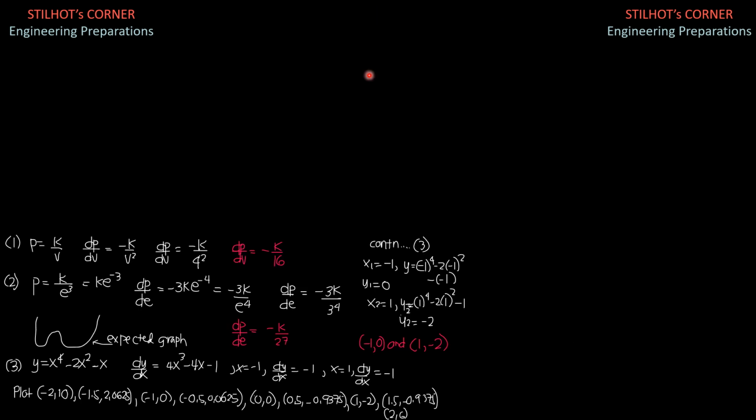Hello, students, subscribers, viewers, and future engineers. Here is another video in calculus, particularly on the application of slope of tangent to the curve, and this time the first derivative, which is interpreted as the slope of the tangent to the curve, may now be interpreted also as a rate of change, although in problem 3 it is an application of derivative as slope of tangent to the curve.